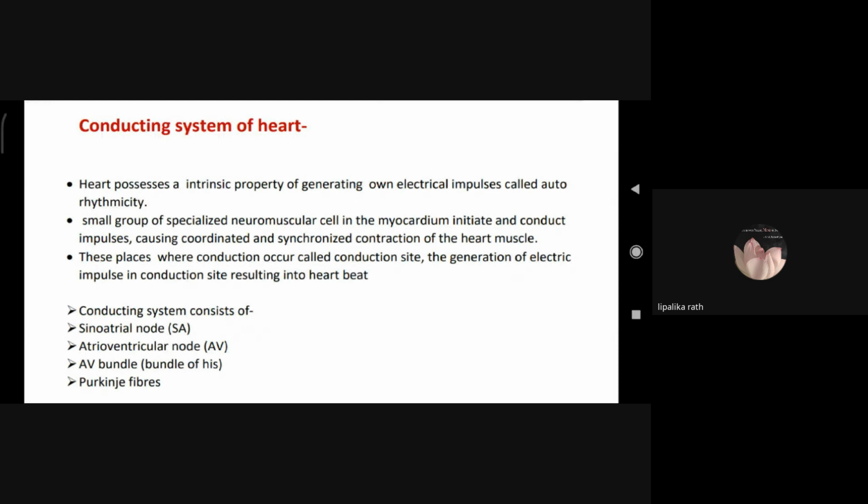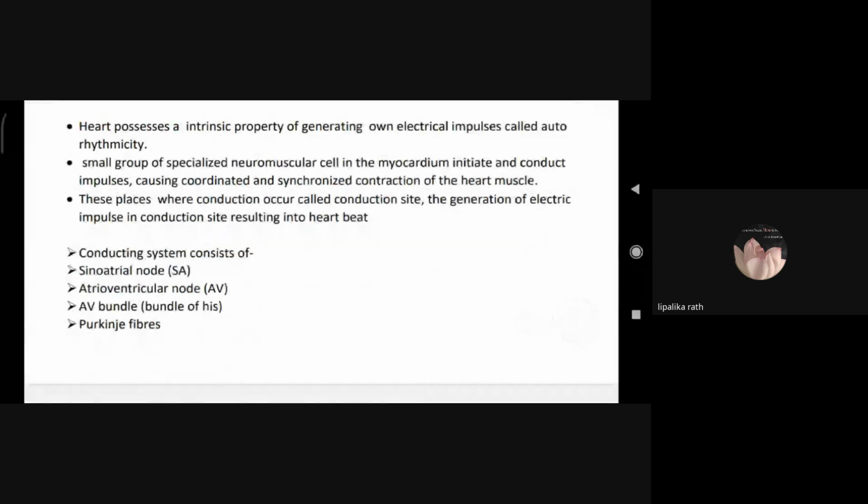Then from the SA node, it comes to the atrioventricular node or AV node. From the AV node to the AV bundle or bundle of His, and from the bundle of His to the Purkinje fibers. This is the distribution from higher to lower level.